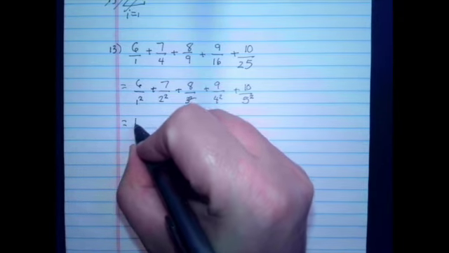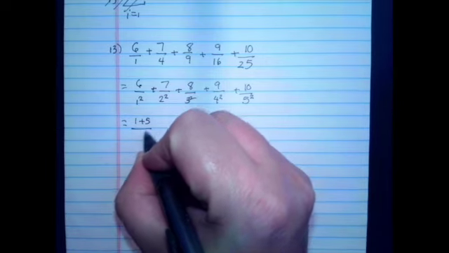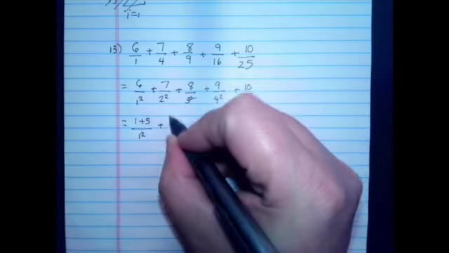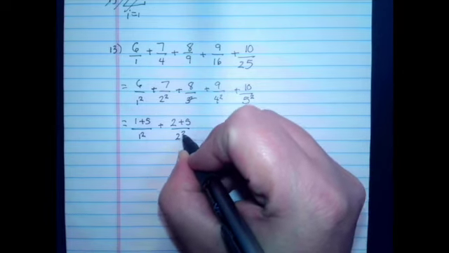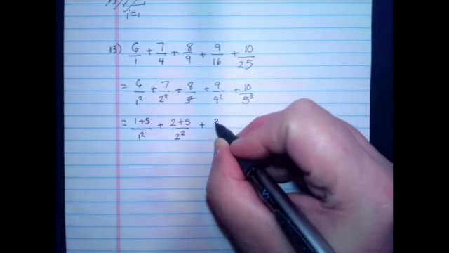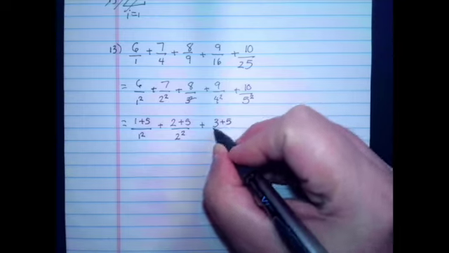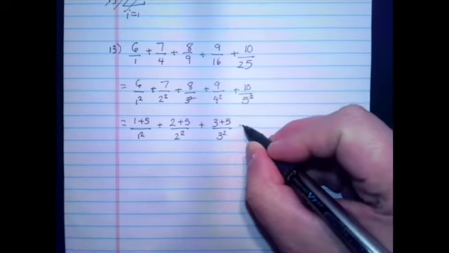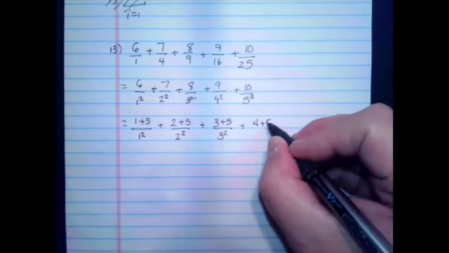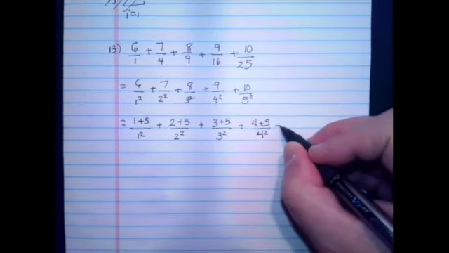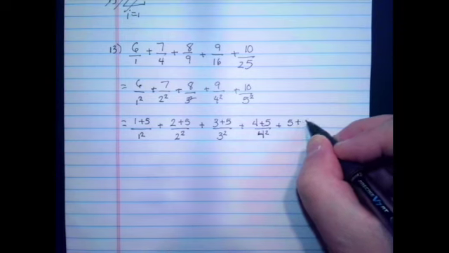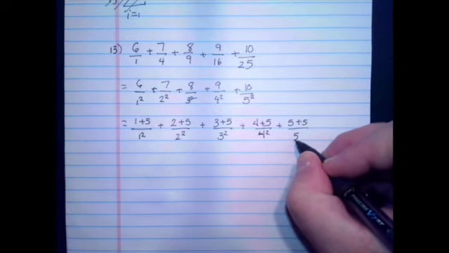We could write 6 as 1 plus 5, over 1 squared. We could write 7 as 2 plus 5, over 2 squared. And then 3 plus 5, over 3 squared. 4 plus 5, over 4 squared. And 5 plus 5, over 5 squared.